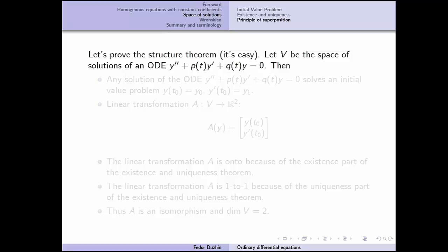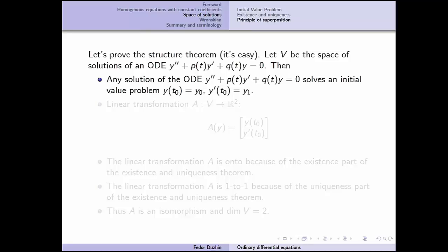It is a bit abstract, but I hope it's alright. So first of all, notice that what we know is that all solutions of this differential equation form a vector space. And of course, any solution is going to solve some initial value problem, right?